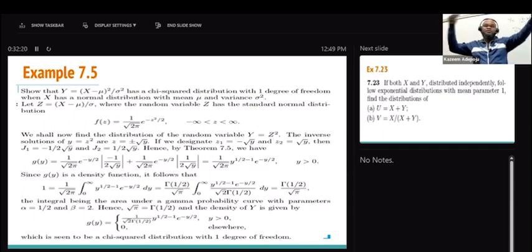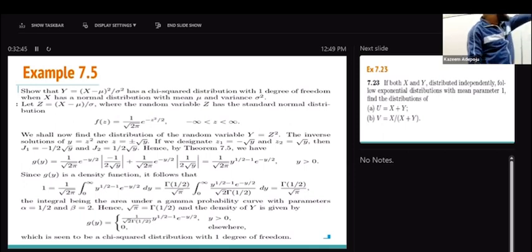The Jacobian is differentiating z with respect to y. The Jacobian 1 is that, Jacobian 2 is that. One Jacobian is negative. Don't forget, you're going to find the absolute value of that.